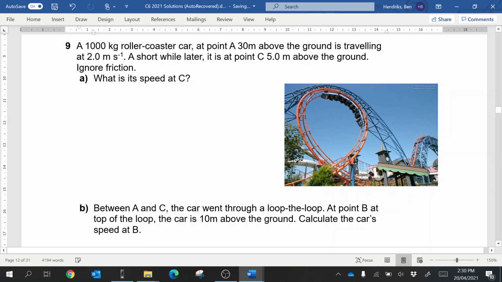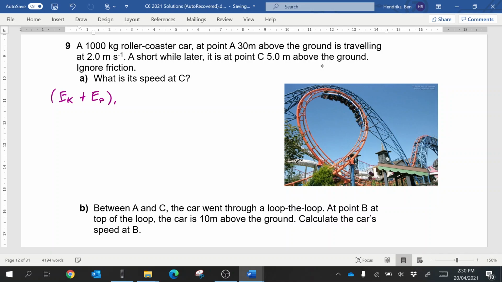With these problems, we know that the kinetic energy plus potential energy at the start, the initial, is equal to the EK plus EP of the final. So the initial is equal to the final. Let's put in our formulas.